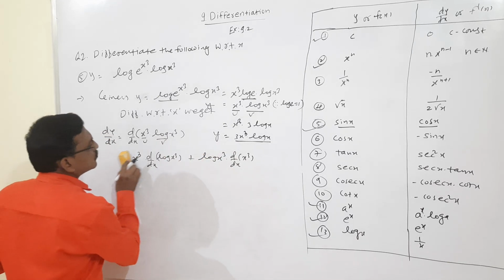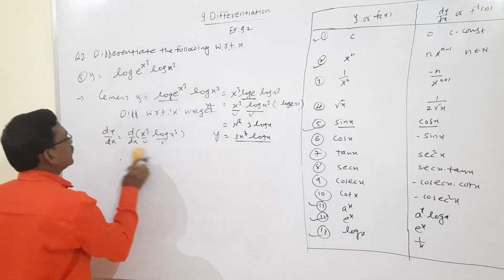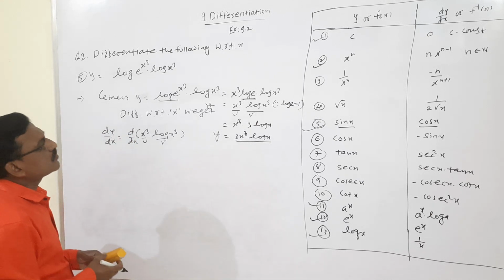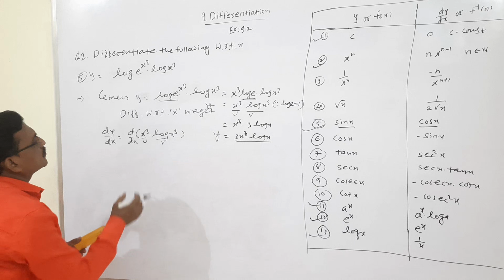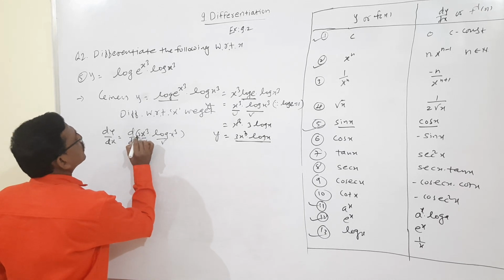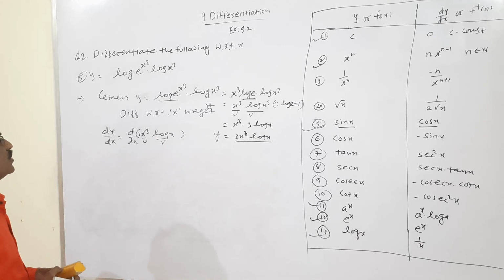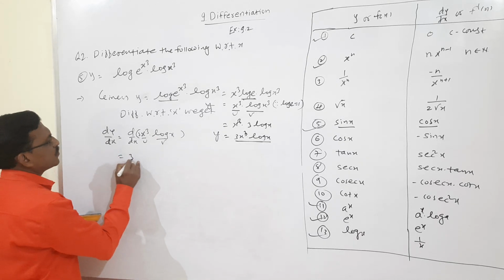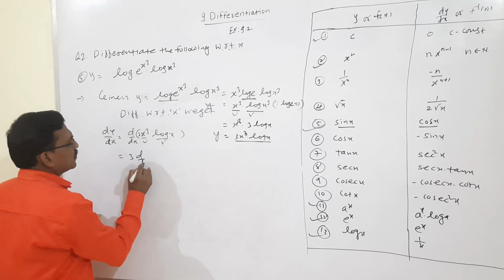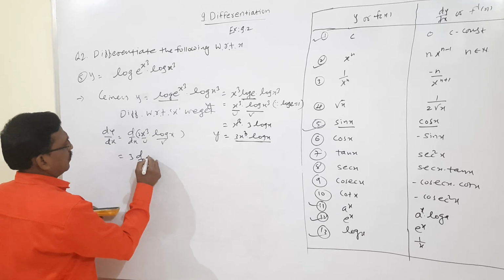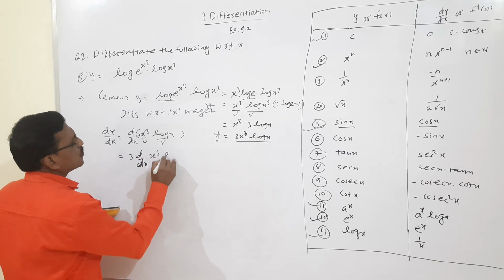Now we will take the derivative of 3x cube into log x only, our function. And 3 is constant, so take it before the derivative, into x cube into log x only.